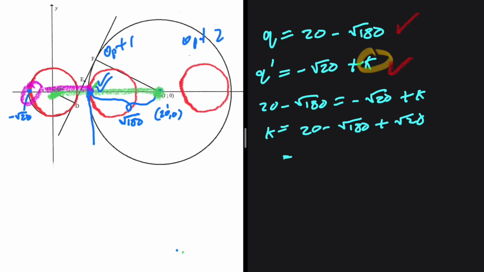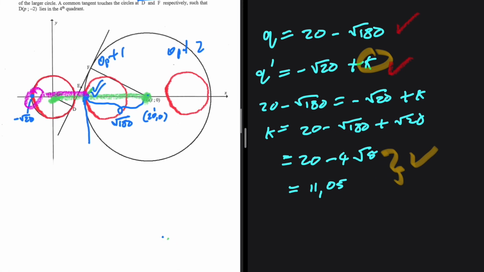Right, so let me just go ahead and put that in my calculator. Let me see what I have. I'm getting k equal to 20 minus 4 square root of 5, which in decimals is 11.05. So this is one possible value of k.